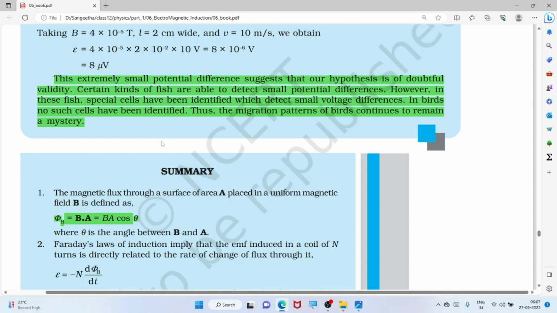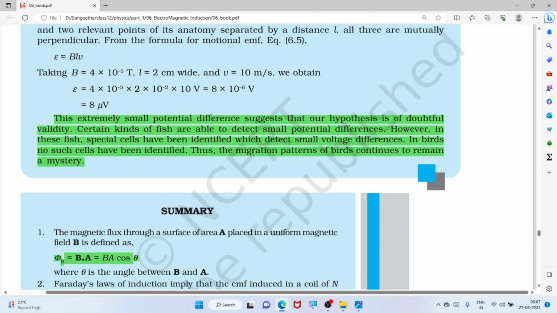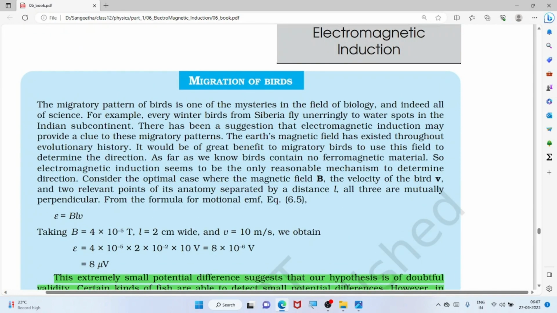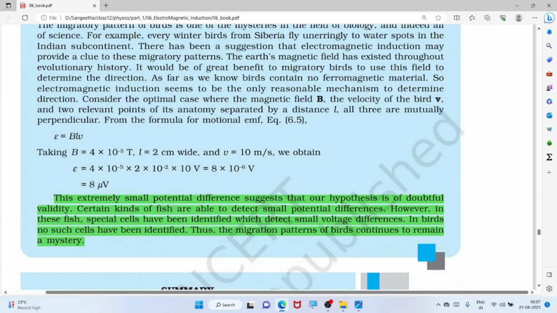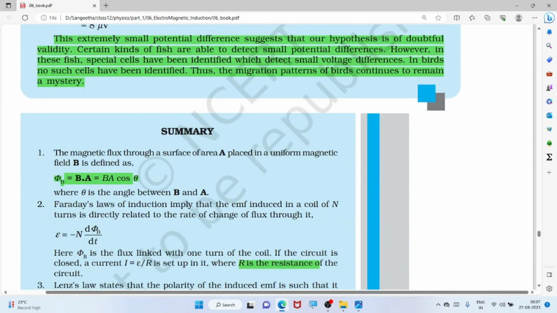In this fish, special cells have been identified which detect small voltage differences. In birds, no such cells have been identified. Thus, the migration pattern of the birds continues to remain a mystery. How birds migrate is not clearly known.